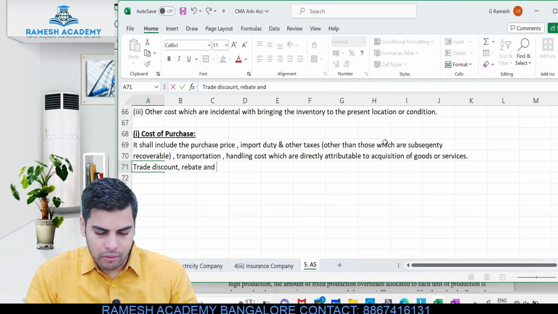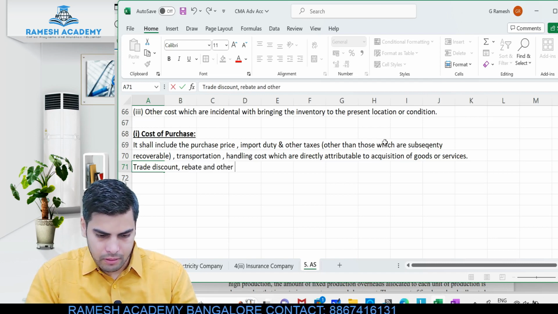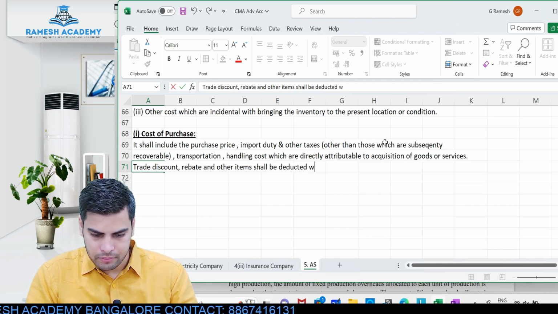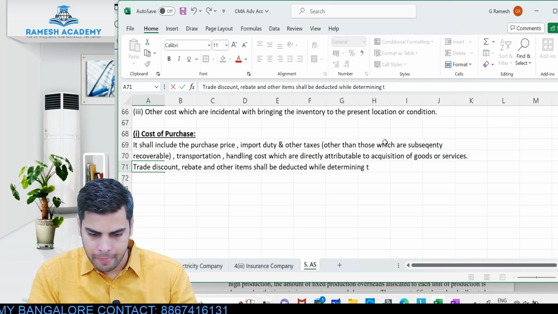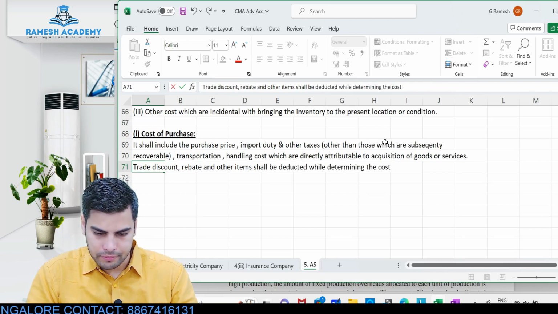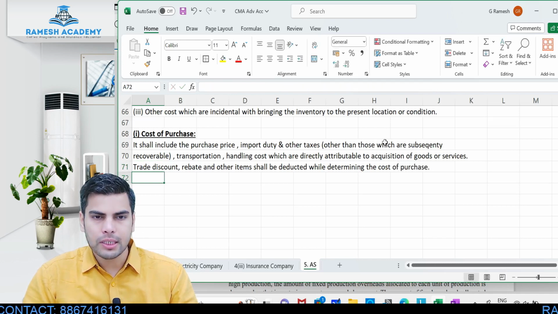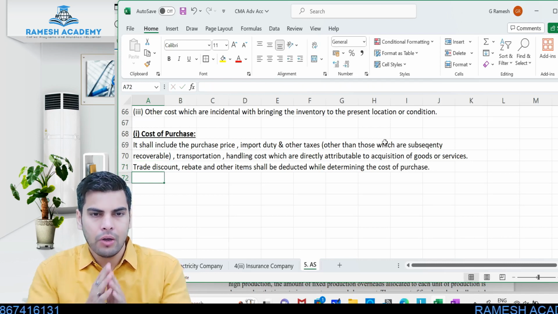So trade discount, rebate and other items shall be deducted while determining the cost of purchase. If we come across any discount or rebate, we just need to deduct it. Very simple, guys.